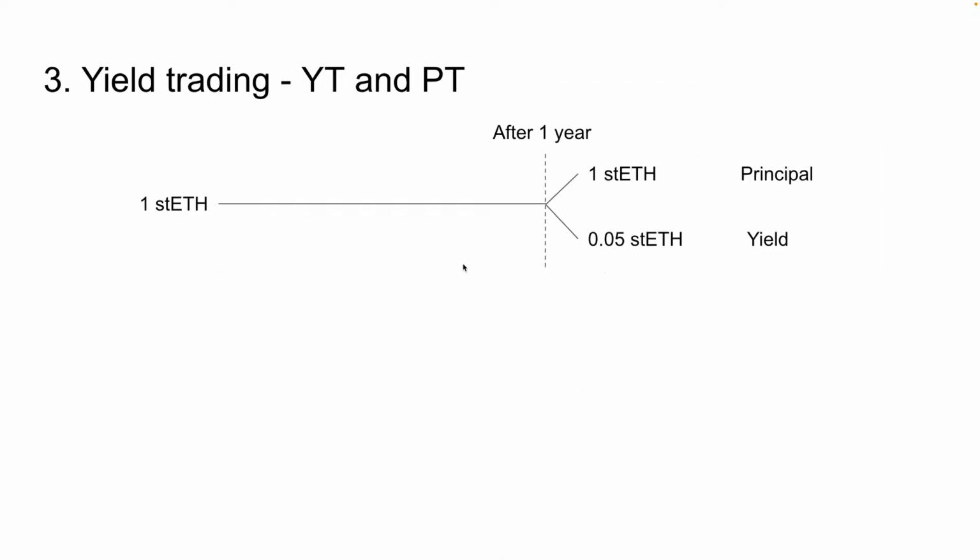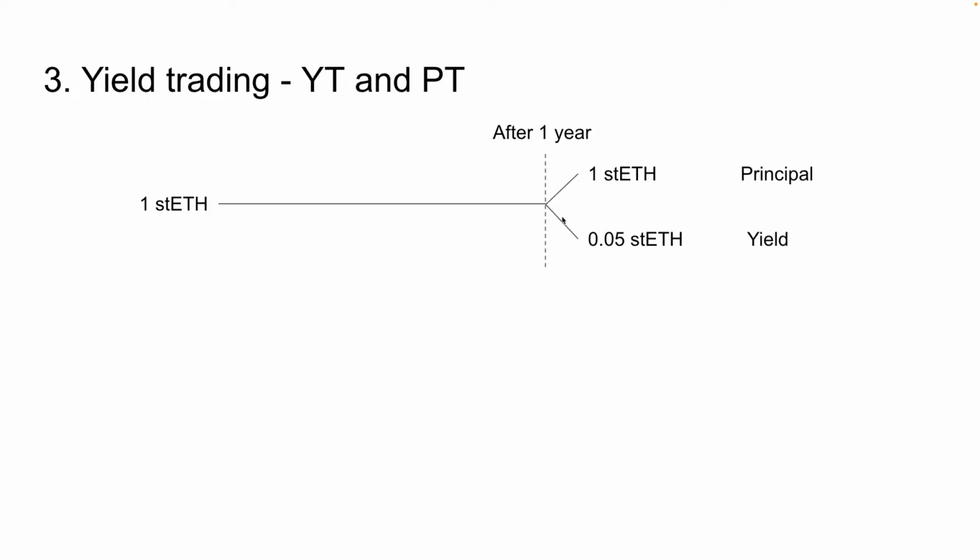First, we need to understand a bit of mechanics about YT and PT. Let's just stay at this example and you will understand. Say we have one sDE, we hold it for 1 year, and we end up with the same one sDE and a bit of yield, say 0.05 sDE.